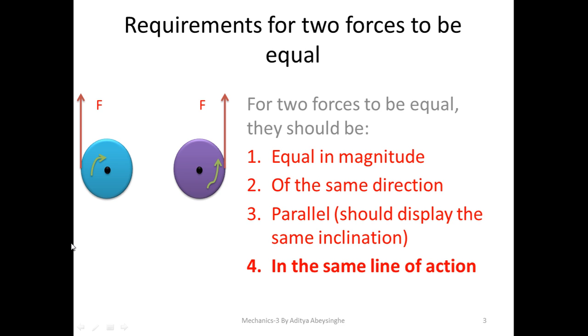If you remove this force and keep it here, it should represent all the properties that this force represented when it was there. That is what is meant by the same line of action. This is the most important concept when talking about forces, and I'll explain it deeply as I progress through this video.